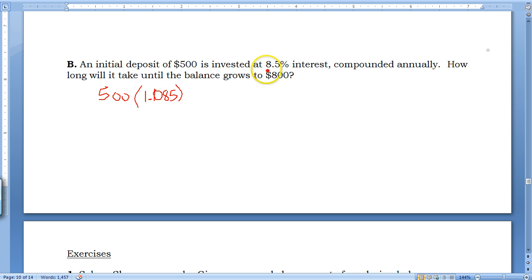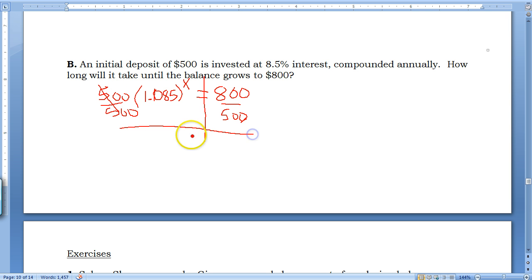Remember, that's 100% plus 8.5% as a decimal, to the power of x equals 800. First, I need to get rid of the 500 by dividing both sides. So 1.085 to the x equals 1.6.